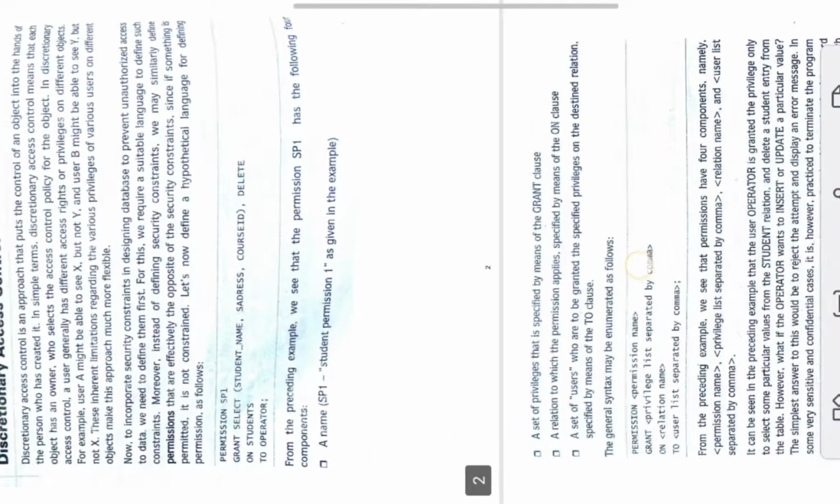So here for the example you can see what I have done. I have given the permission, and you can see this particular permission means I have granted the permission to view this particular data: student name, student address, and course ID.